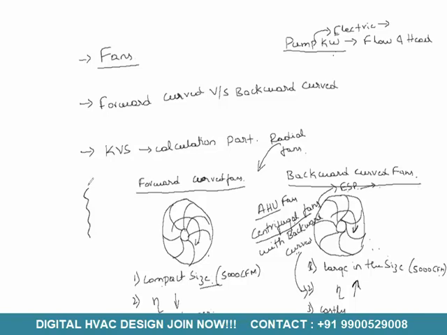For example, these are the coils, and you have axial fans here. You need not have more ESP for this type. In that case, they will be using axial fans. When you need to push the air to a larger distance, then you need backward curved fans.